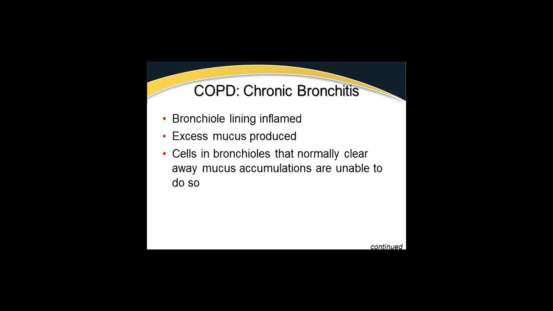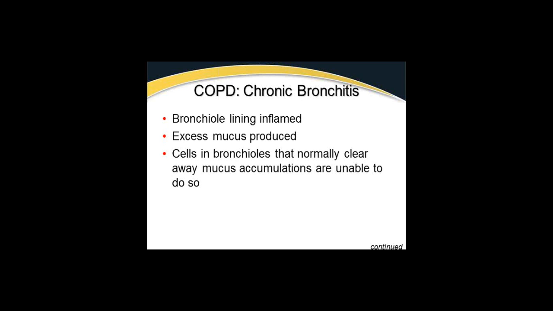So chronic bronchitis, this is the inflammation of the bronchial lining. So if you remember, the bronchioles are the tubes that lead from the trachea to the alveoli. There's an excess of mucus produced, and the cells in the bronchioles that normally clear away the mucus are unable to do so. Interesting thought here, a concept that goes along with this.